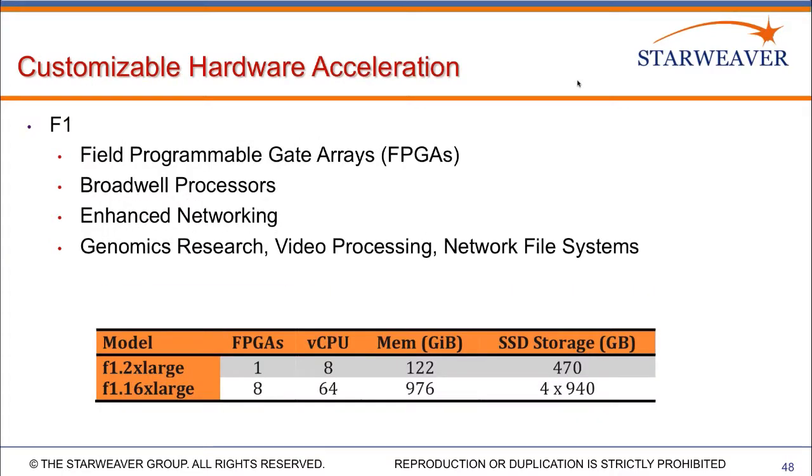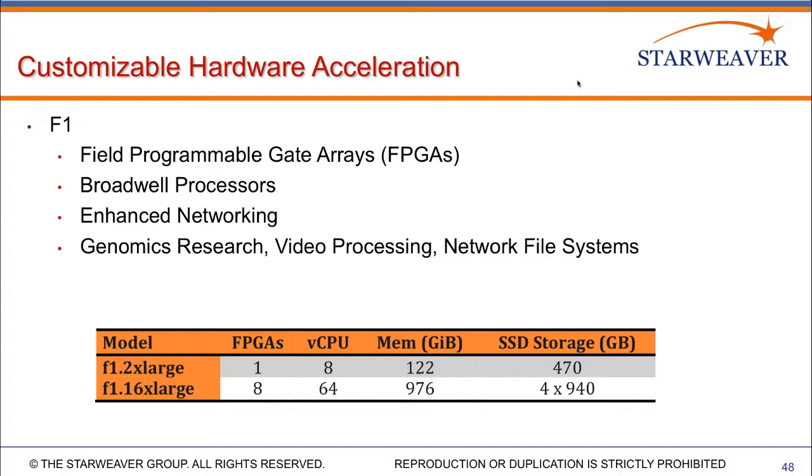Okay, now this is the newest one, right? This one just came out and people were kind of shocked. It's called F1. Okay, now F1 is field programmable gate arrays. Now with these F1 instances, you can create your own hardware acceleration for different applications. You can build your own hardware acceleration for your applications with these programmable gate arrays.